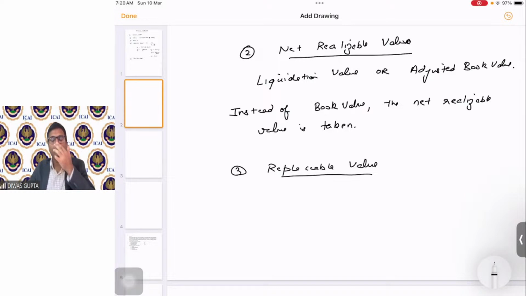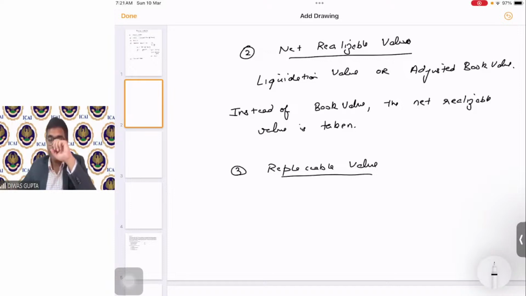Let's say you purchased a machinery that can be used for 10 years. After 3 years of use, you want to replace that machinery. Then we need to determine the replaceable value for that machinery after 3 years, having similar condition, similar output, similar capacity, everything similar. But what is the current replacement cost? That is called replaceable value, students.